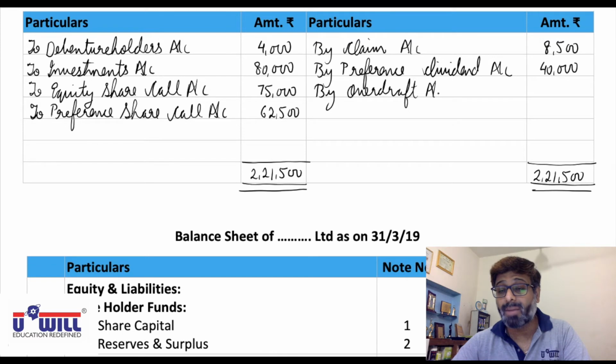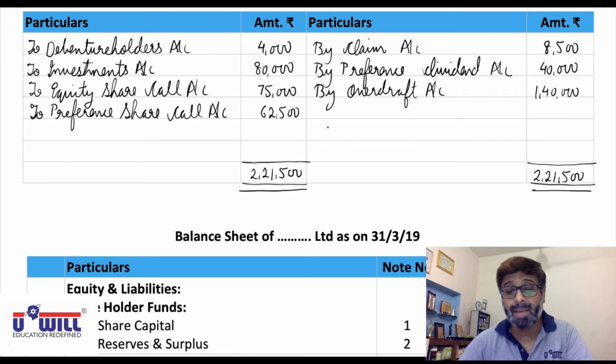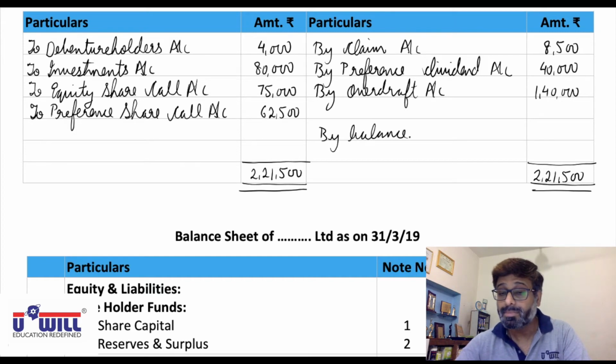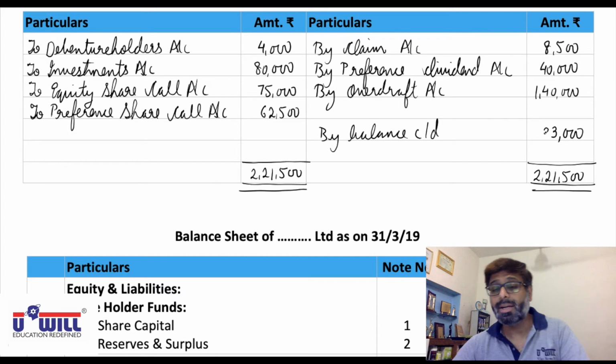And then whatever amount remains by balance carried down, that will come in the balance sheet in cash and cash equivalents. 33,000 of balance will remain. As I said, 1,73,000 is there, and for 1,40,000 we will pay for bank overdraft, so 33,000 will remain.